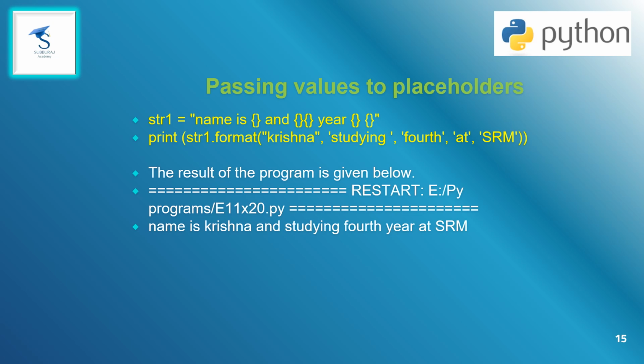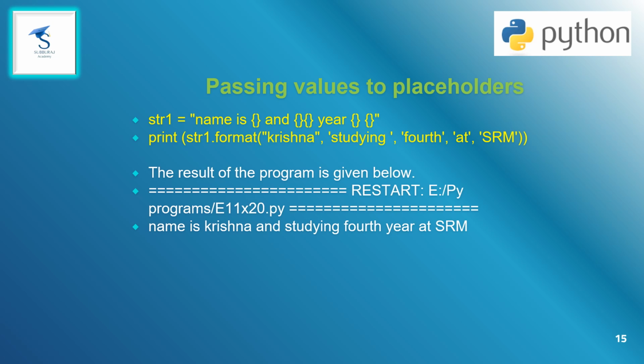So Krishna, studying, 4, year, at, SR. How will it print? It will print name is, first curly brace Krishna, and the second one is studying. The third one is the fourth, then year, then at, and the fifth one is SR.